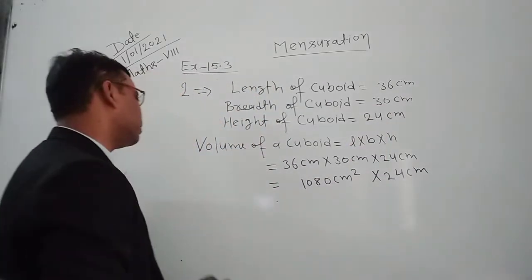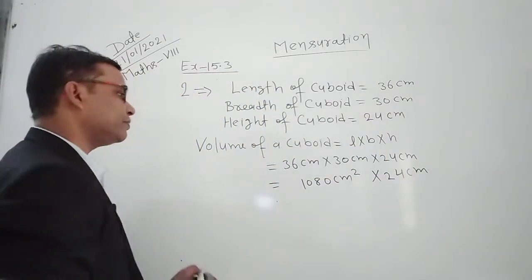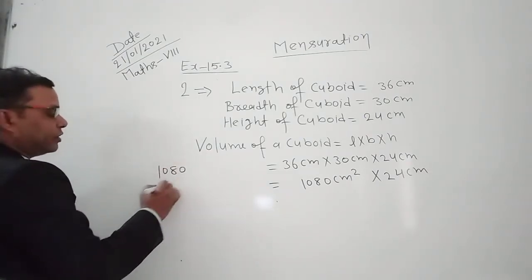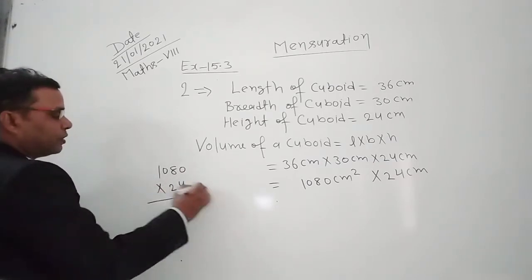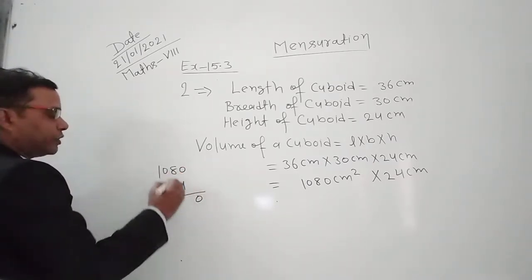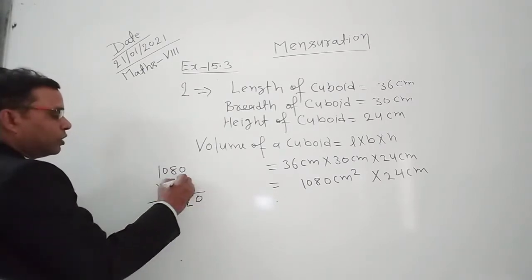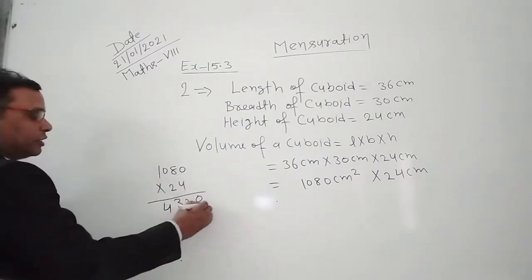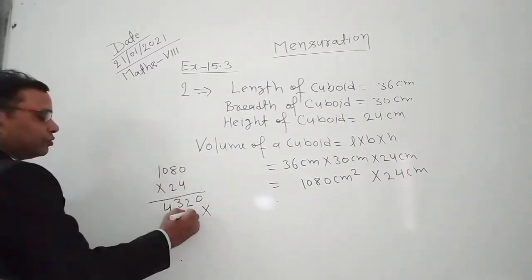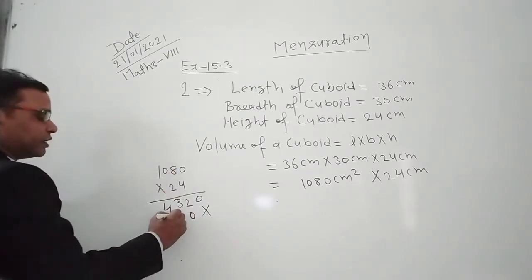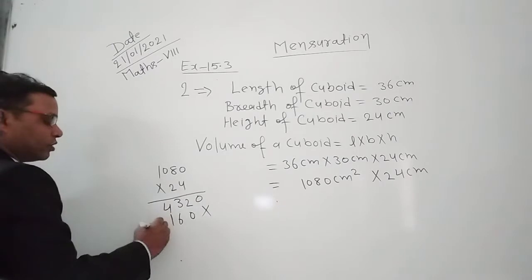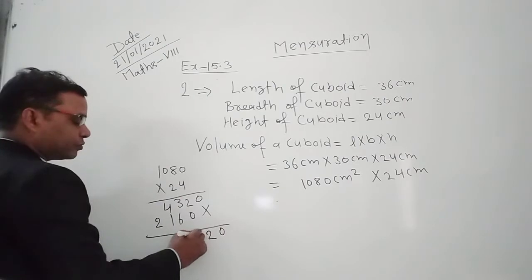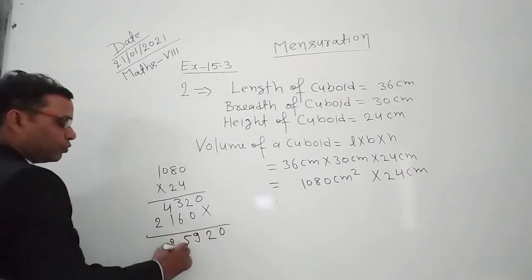Okay, so if you don't know the table of 24, you can write here 1080 into 24, and multiply step by step to get the result.